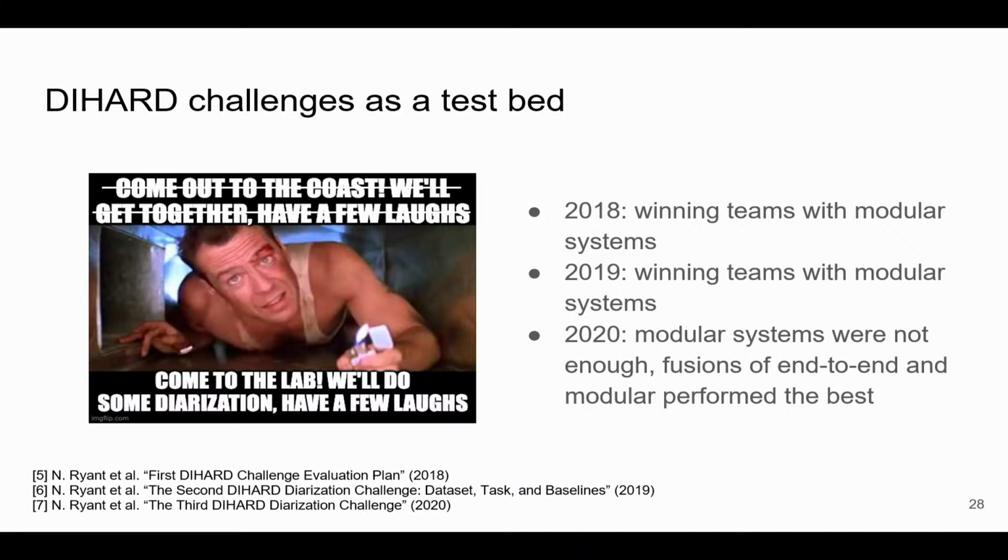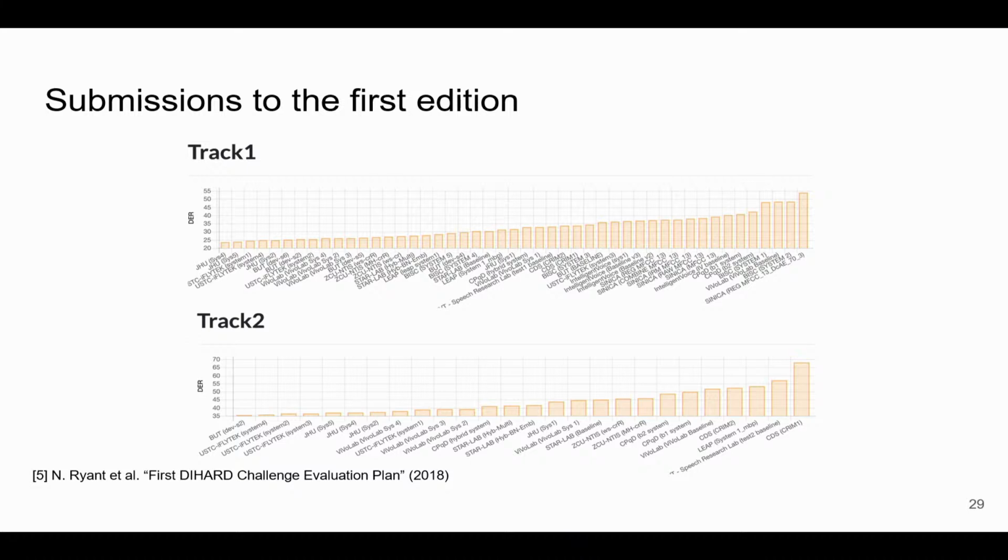So the first one was in 2018, then the second in 2019, and the last one was in 2020. And just for you to get an idea, this was actually quite welcomed by the community back then. So these are all the submissions that happened in track 1 and track 2. And there were 2 tracks. In all three editions, track 1 was oracle voice activity detection, and track 2 was basically you do full diarization. And maybe nowadays you think, that's outrageous.